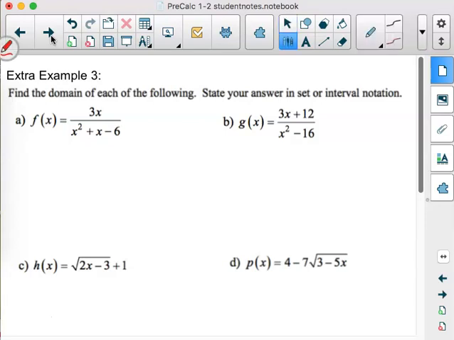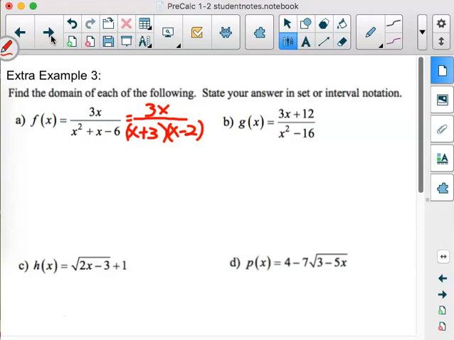For A, I notice there's no square roots, no even roots, but there's definitely a denominator here that might be a problem. And there's no greatest common monomial factor, so I'm looking for two numbers that multiply to -6 and add to 1. And that would be +3 and -2. So again, you can quickly do FOIL on that and see that that would come out to be x squared plus x minus 6.